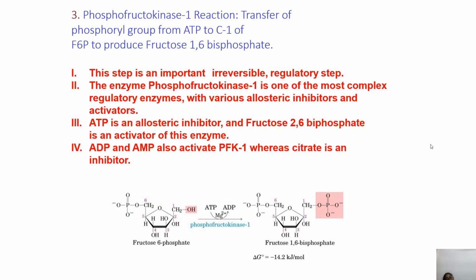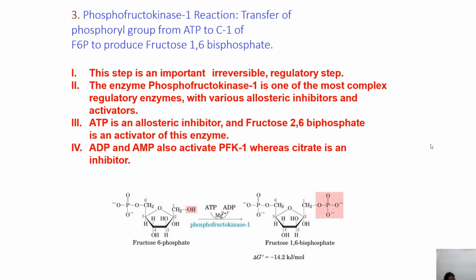Then we have the phosphofructokinase 1 reaction. Transfer of the phosphoryl group from ATP to C1 of fructose 6-phosphate to produce fructose 1,6 bisphosphate. So this step is an important irreversible regulatory step. The enzyme phosphofructokinase is one of the most complex regulatory enzymes with various allosteric inhibitors and activators.